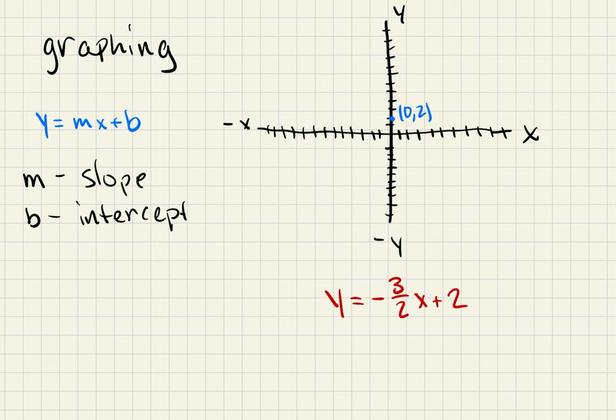And then we're going to build our graph, or our line, from our slope. So again, our slope is rise over run, but now our rise is going to be negative. So instead of going up and to the right, we're going to go down and to the right.